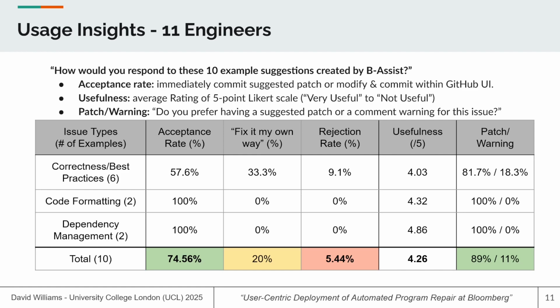The acceptance rate being over 55% is a great result compared to the previous studies I mentioned at the beginning of the presentation, but the one I want to focus on more is the "fix it in my own way" column. While this may initially indicate a neutral or even negative reaction, I believe this can also be seen positively. If BAssist is alerting developers of potential issues in their codebase, even if it cannot suggest a usable patch, it still allows for more issues to be addressed overall and will result in a cleaner codebase regardless.